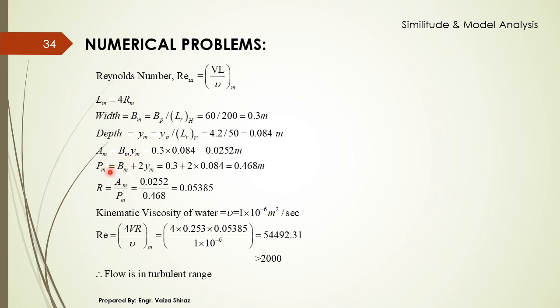You will find out the area of the flow, the perimeter, and the hydraulic radius, that is R. So in this case, this length is 4 times this Rm. Kinematic viscosity is used as 1 times 10 raised to the power minus 6 meter square per second, and this will give you the Reynolds number as 54492.31, and as it is coming to be more than 2000, the flow is in the turbulent range.